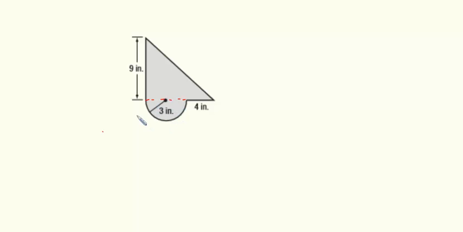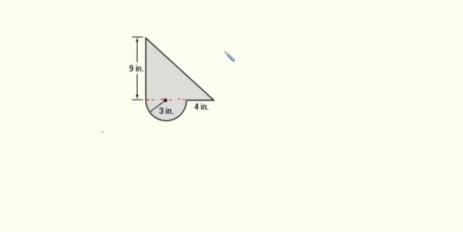So what I'm going to do to get the area of this figure is calculate the area of this triangle, then calculate the area of this semicircle, and then add the area of these two individual shapes to get the total area of the figure. I will show you what that looks like. Let's start with the triangle.